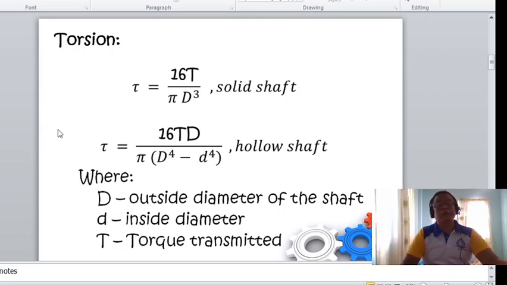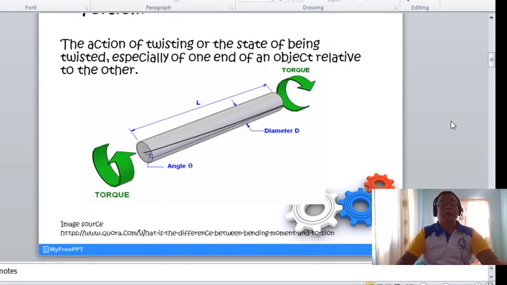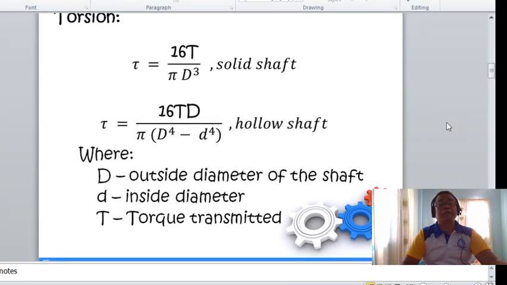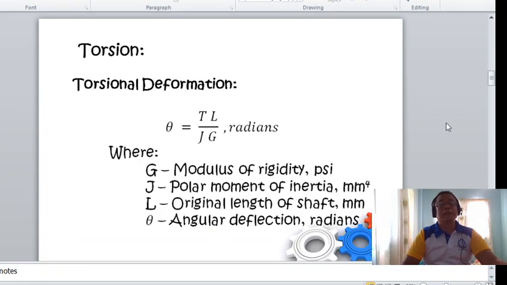This is also derived from the original equation Tc over J, where D is the outside diameter of the shaft, d is the inside diameter of the shaft, and T is the torque transmitted. Next is the torsional deformation.